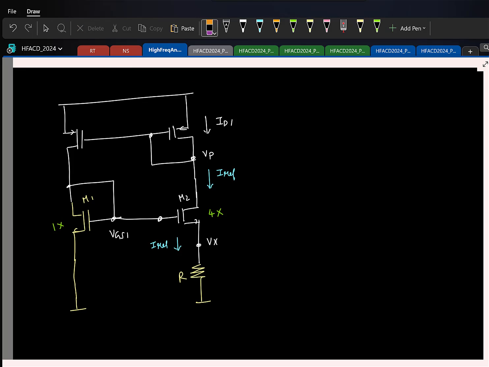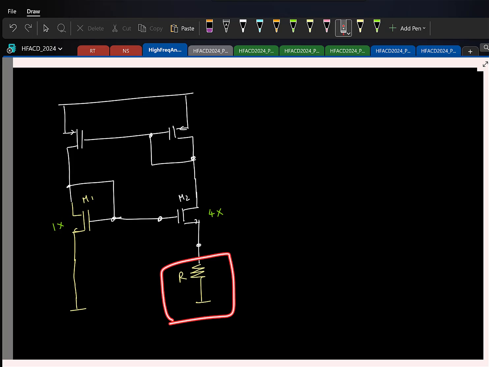See, as I mentioned, let me erase all this. Not needed. So this resistor is a reference resistor, and that's typically an off-chip resistor because you want to have a nicely controlled resistor value, right?